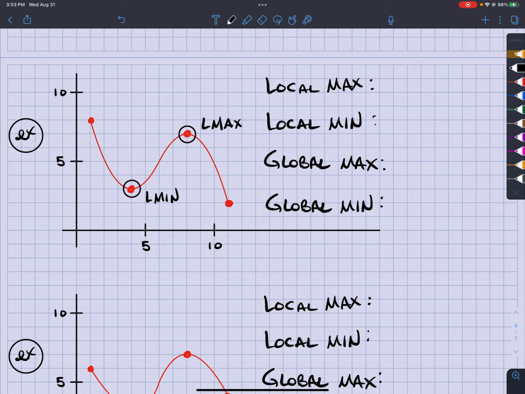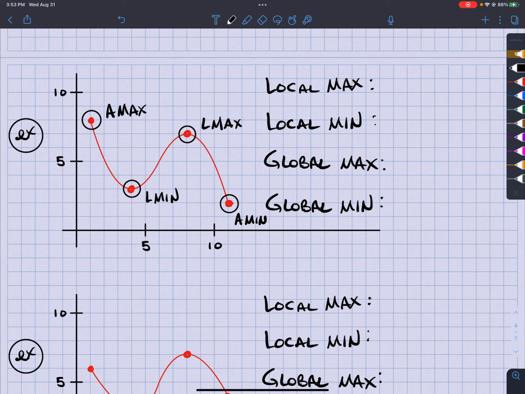And the reason why they won't be our global max or absolute max and absolute min is because there is a point higher than my local max. So this will be my absolute max. And this is actually lower than my local min, so this will be my absolute min.